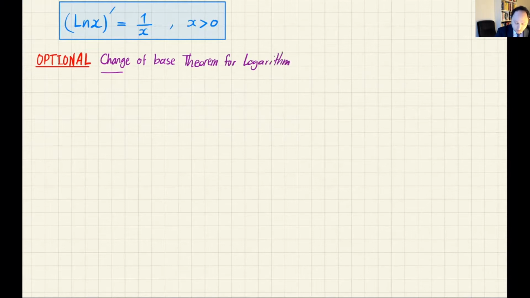Okay, so this you need to know. It's a very simple but very useful tool. So we have this. I want to show this formula for you. So let me divide this into two pieces here now.